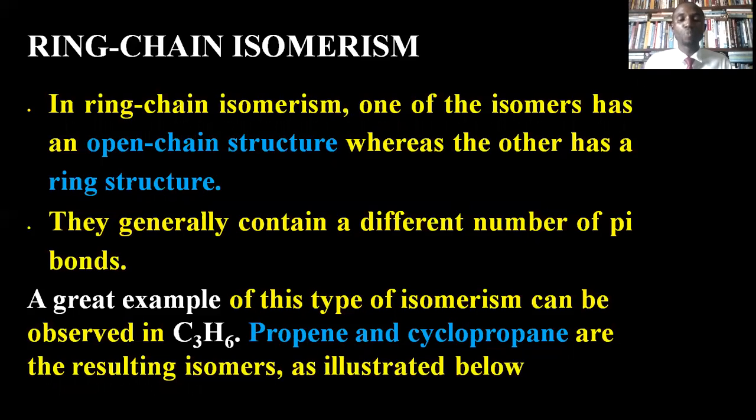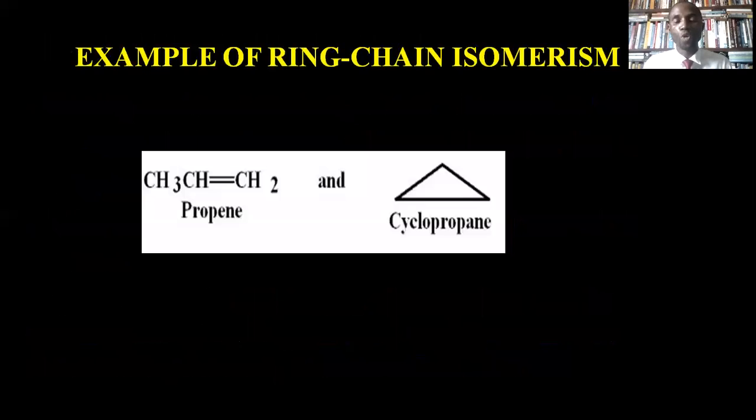So we can have propene and cyclopropane, the same chemical formula, but the structure is different in the sense that one is an open structure, one is a closed chain, which is a ring, cyclo. Example, propene and cyclopropane. 3 carbon atoms and 6 hydrogen atoms are in it. We call it ring chain isomerism. All of them, they are isomers. These two, propene and cyclopropane, they are isomers of that particular formula. So that is it.